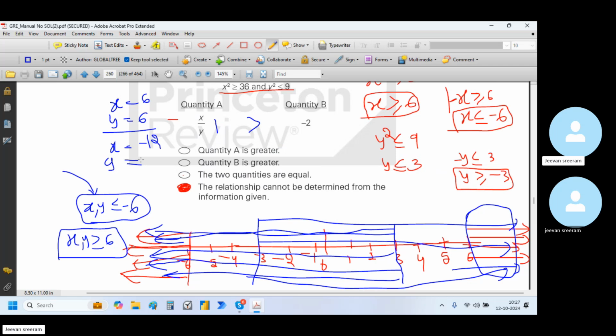What we did in the first case, that's also fine. Let's take y is equals to 3. In that case, we are going to get -4. -4 is actually less than -2. Again, you will get the D.